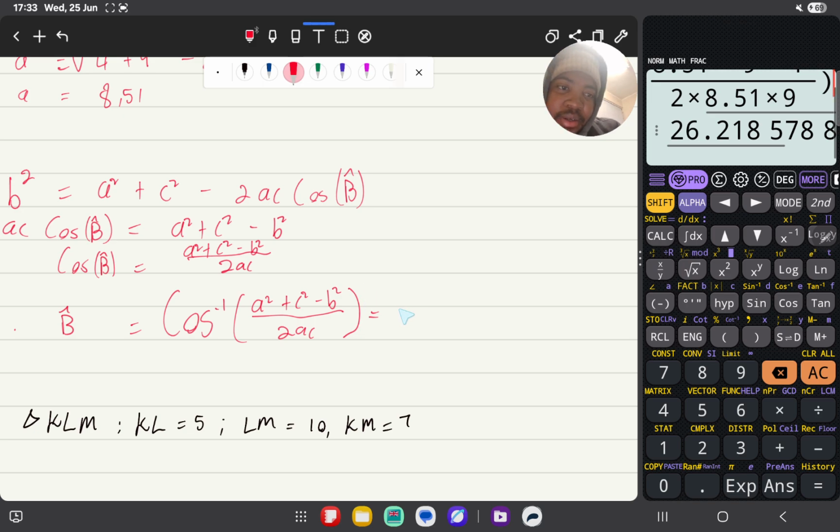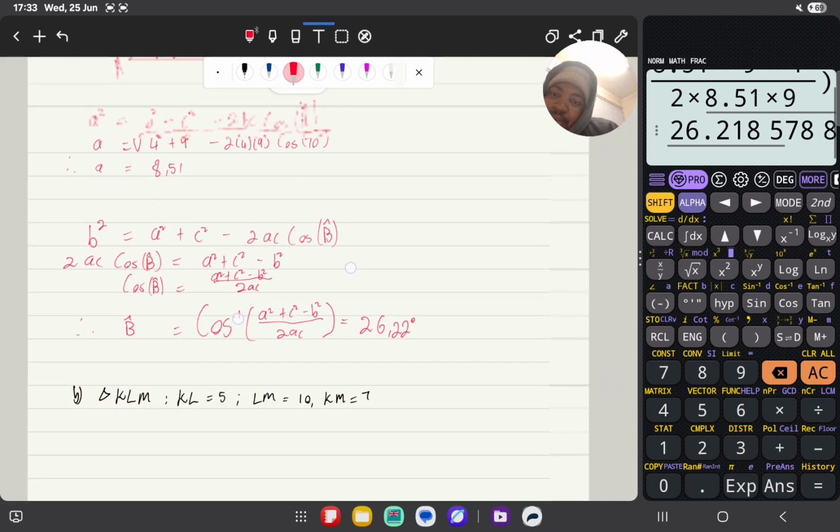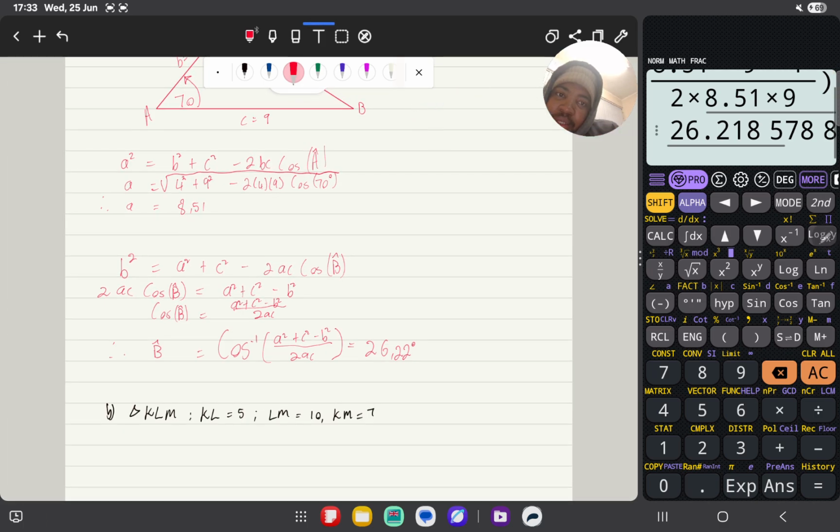So you are getting your angle to be 26.22 degrees. This is your angle. Do you understand? So from here on, it becomes even easier for us to find the last angle.